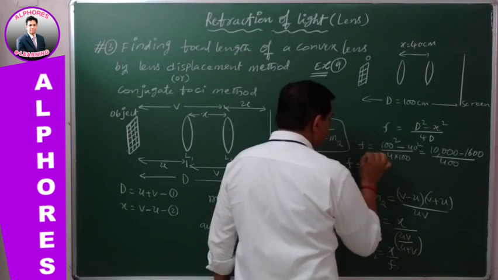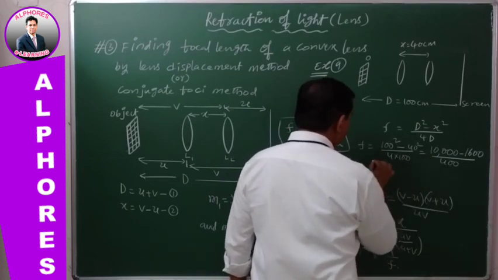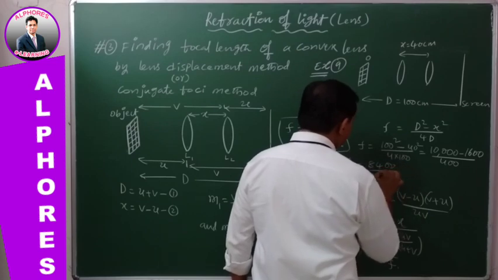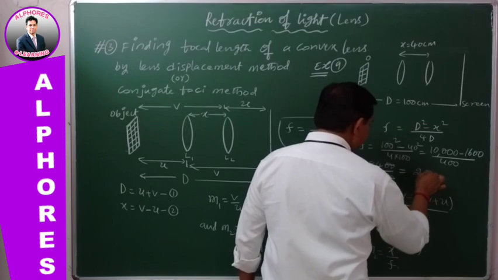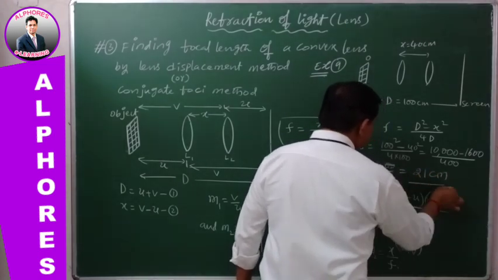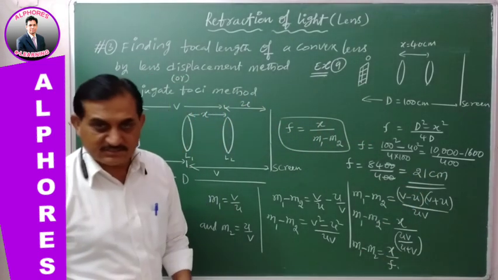By simplifying, f is equal to 8,400 by 400. Zeros cut after simplifying, which gives 21 centimeters. So this is the focal length.